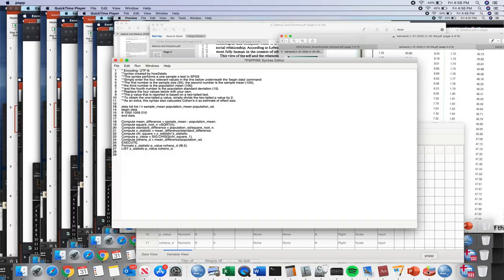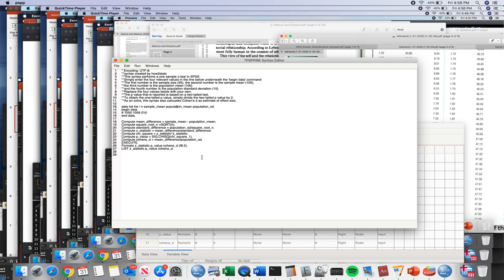Okay, so how do we use PSPP to calculate our p-value for the z-test and some other things as well? So what we do is, there's no clicky box option to get a one sample z-test in SPSS or in PSPP.